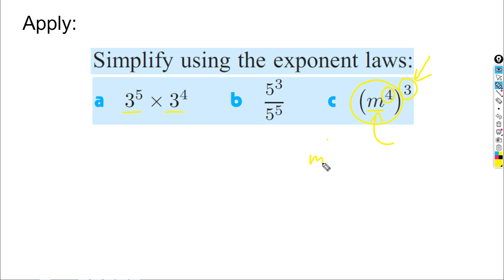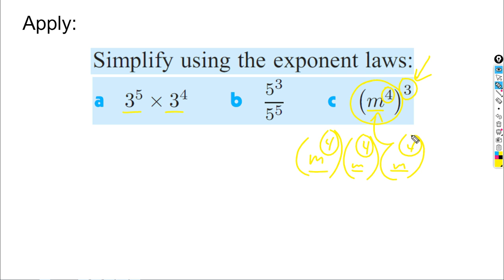So we have an m to the 4th, and then we have another m to the 4th, and then one more m to the 4th, or 3 m to the 4ths. And now it's a lot more like part A, where you have the same base, 1, 2, 3 of them, all getting multiplied. And so all we have to do is take our exponents, which was 4 for each one of these, and add those up.